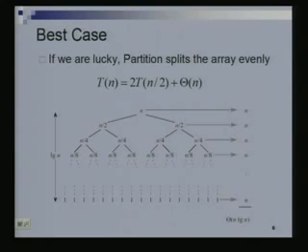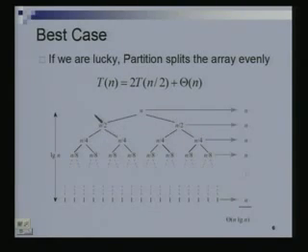Suppose at every point we were dividing the array into two equal halves. I started off with n elements, and I picked the pivot somehow, or lucky I was, such that it was the median, which means half the elements were less and half were more, so half the elements ended up in the left part and half in the right part.